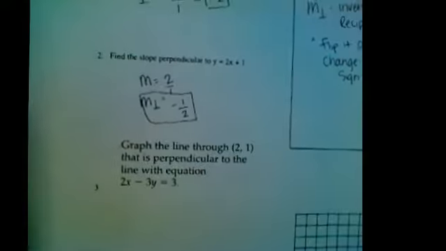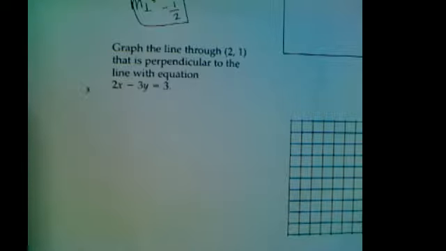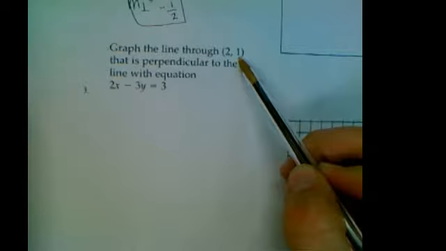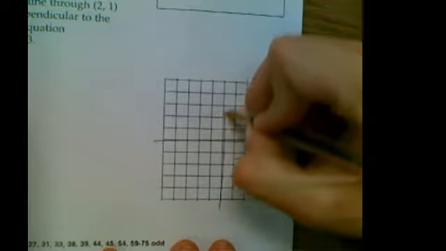Okay? Last example, graph the line through (2, 1) that is perpendicular to the line with equation 2x minus 3y equals 3. So just like in 2.3a, the very first step is graph that ordered pair. So let's go over to our graph. I'm going to draw my x and y axis.